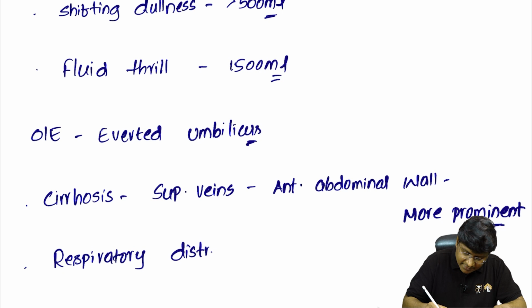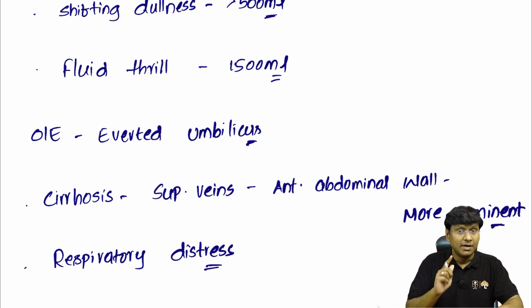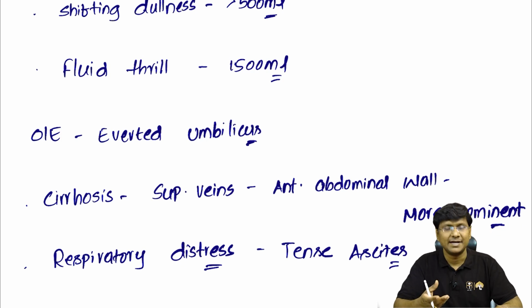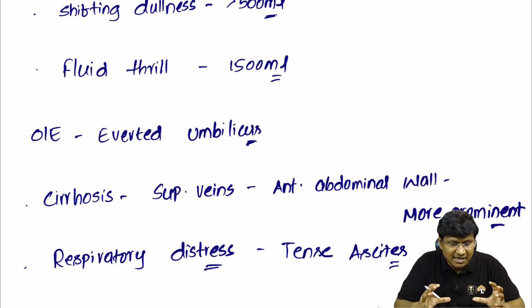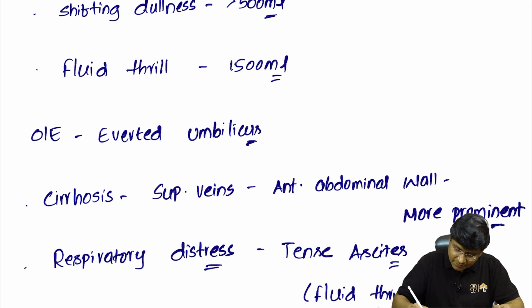Respiratory distress occurs mainly whenever there is tense ascites. Now what do you understand by tense ascites? Tense ascites is when the fluid accumulated within the peritoneal cavity is completely packed, and the fluid thrill will be absent, right?